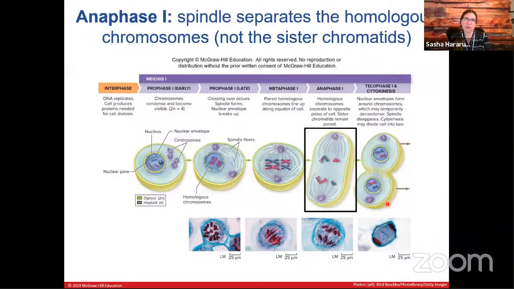So why do we have two homologous chromosomes? It's because one was inherited from the mother and the other was inherited from the father. So we have two copies of the same gene, two alleles of the same gene, one that came from the mother and one that came from the father.